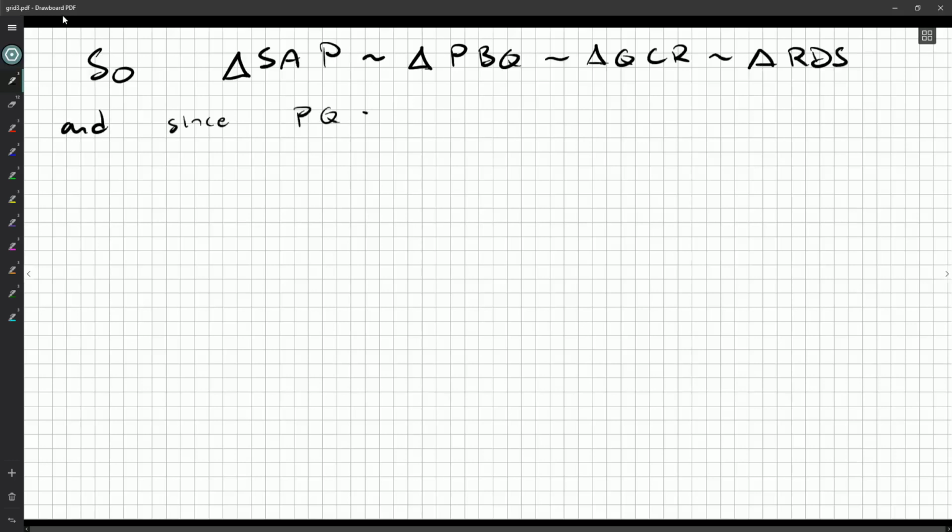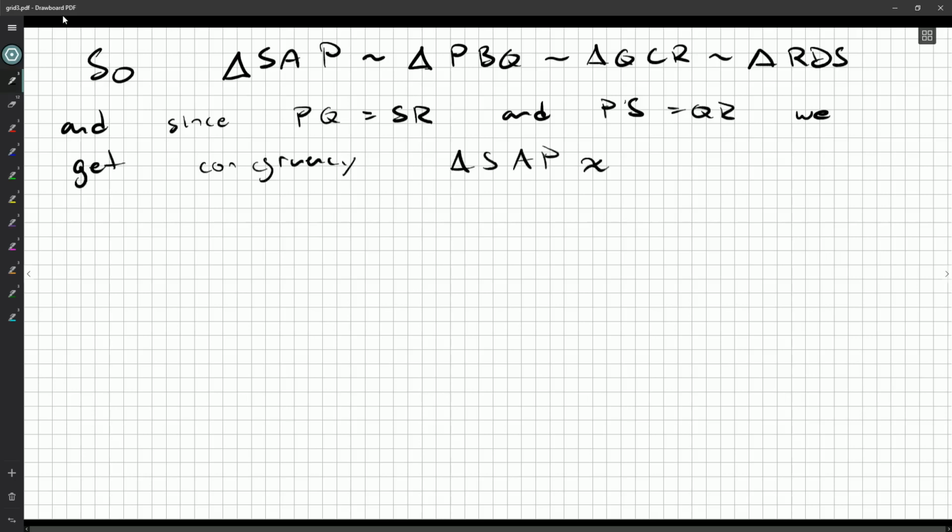And since PQ is equal to SR and PS is equal to QR, we get congruency. The two big triangles are congruent, and the two small ones are congruent. So PBQ is congruent to RDS.